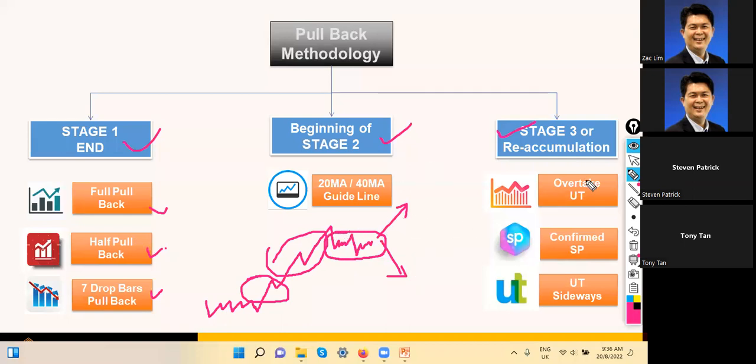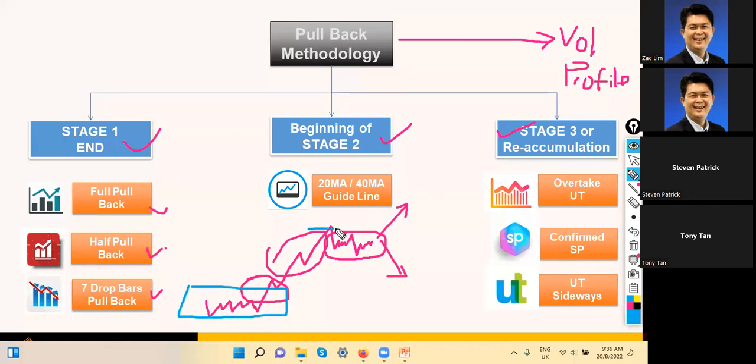Okay, so then actually here is another, today is a new branch, the volume profile. Okay, volume profile actually will be effective when you are in stage 1 here. I use a different color. Okay, you are in stage 1 and in stage 3 or reaccumulation or accumulation here.